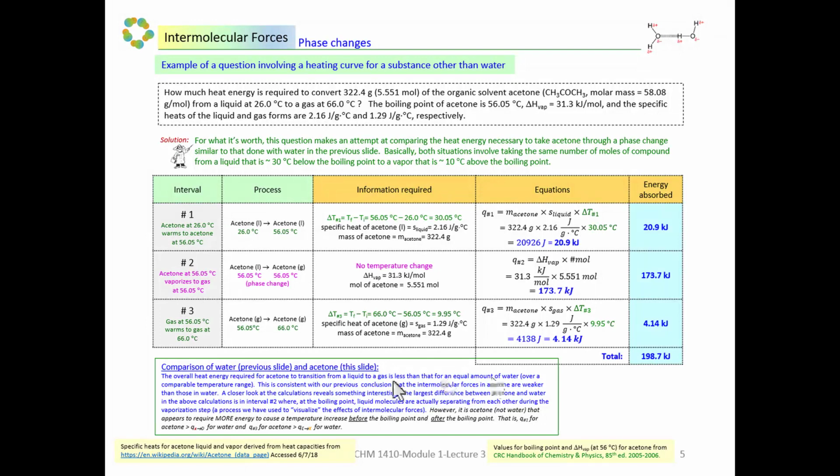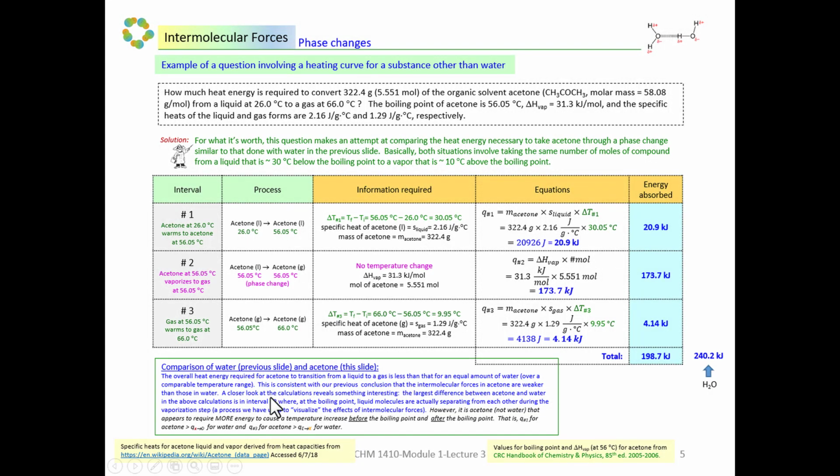Again, it appears that the overall heat energy needed is less than what was needed for water. Just to remind us, the water required 240.2 kilojoules. Now this is consistent with our previous conclusion that the intermolecular forces in acetone are weaker than those in water. We talked about that in a previous module.